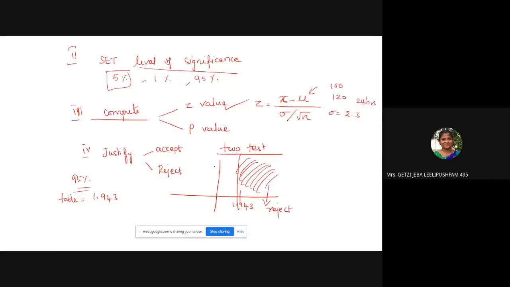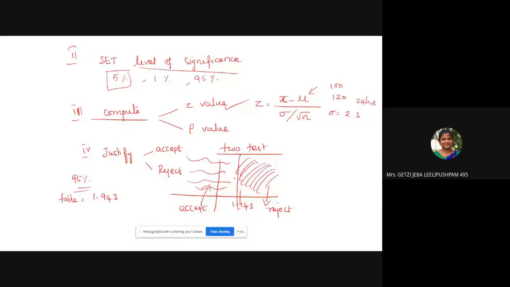If your Z score is in this other region, you will accept. This is the region of rejection and the region of acceptance, which is the final stage. This is called the one-tail test.